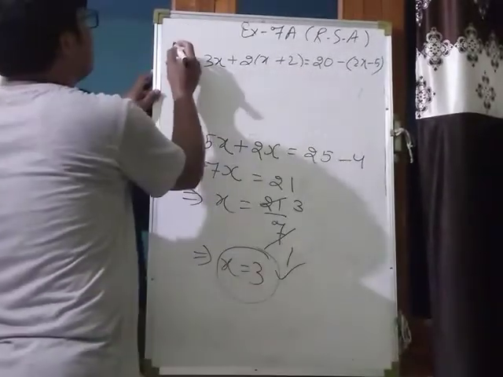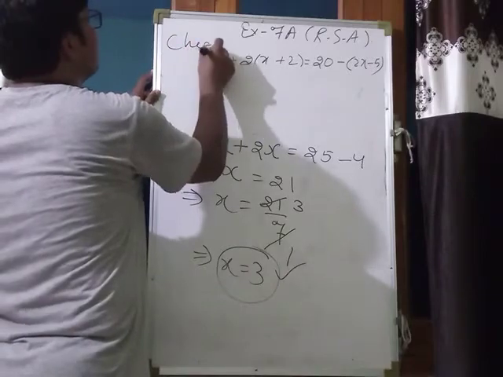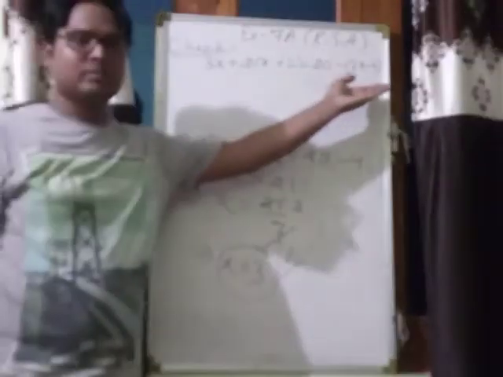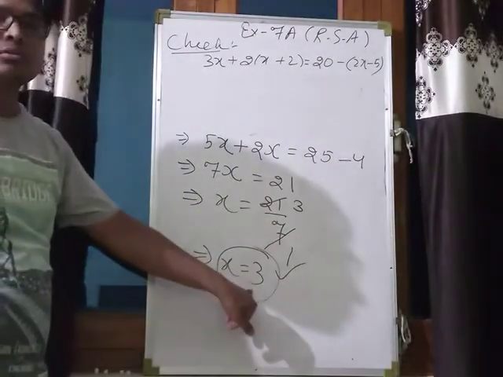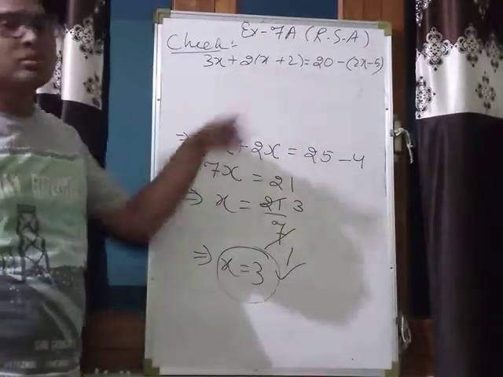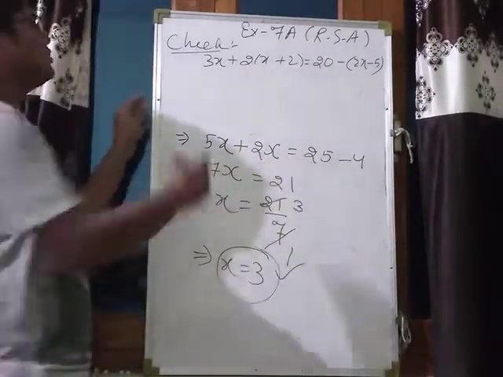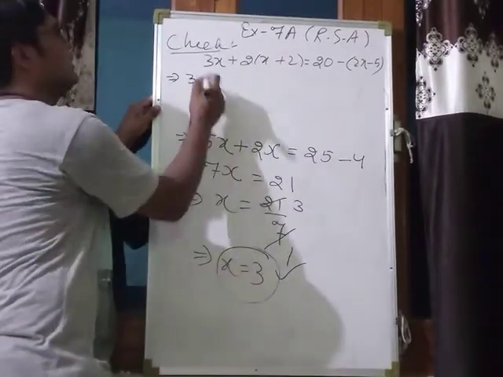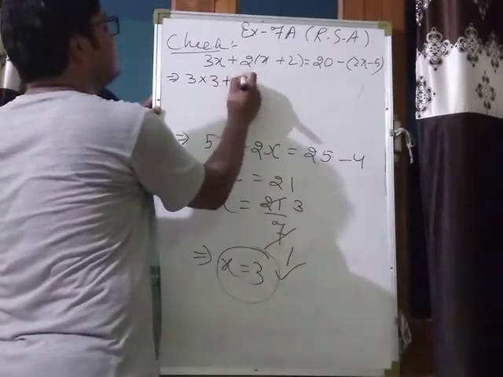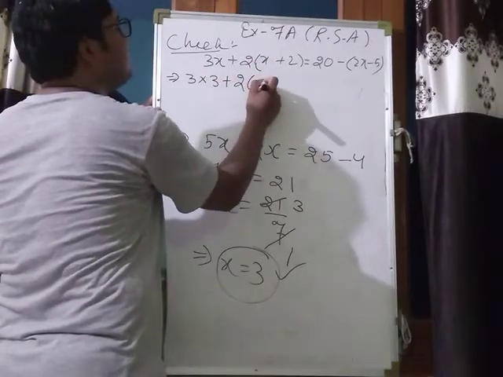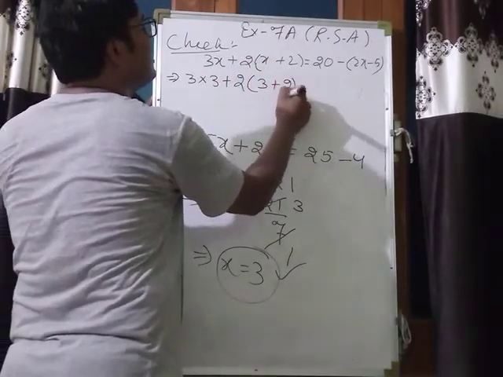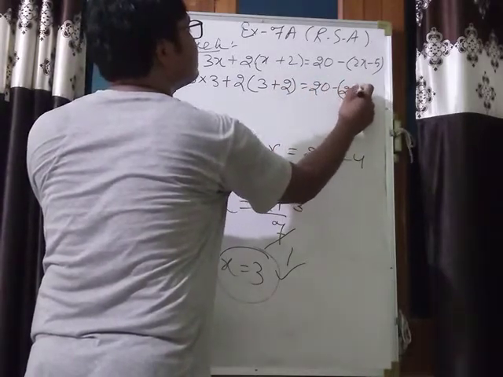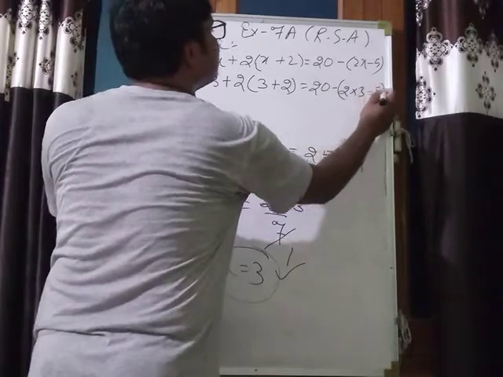See, I am going to check whether our answer is correct or not. This is our equation, and the answer is x is equal to 3. So replace x is equal to 3 on both sides. So what we have, this is 3 and x is replaced by 3, plus this is 2, x is replaced by 3 plus 2; right side that is 20 minus this is 2, x is replaced by 3 minus 5.